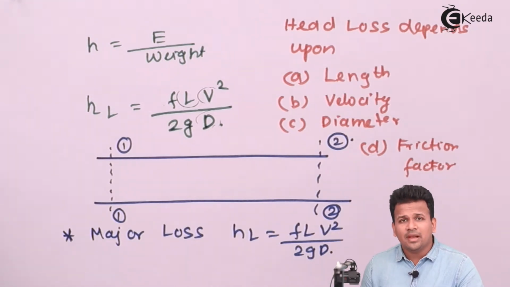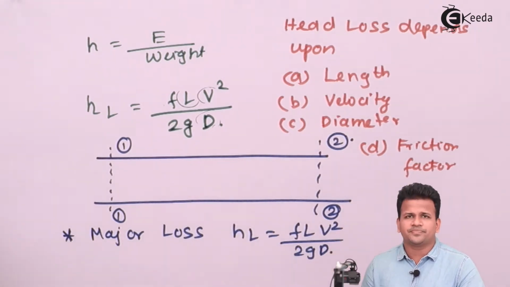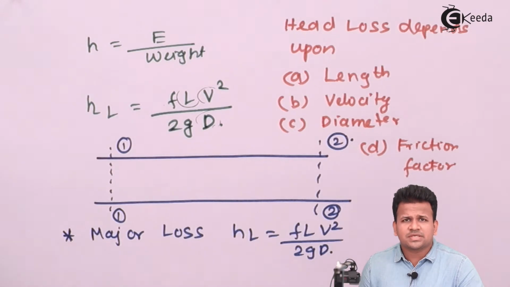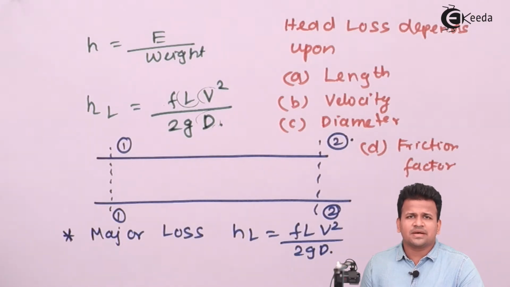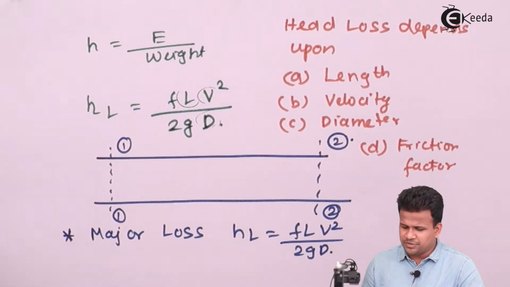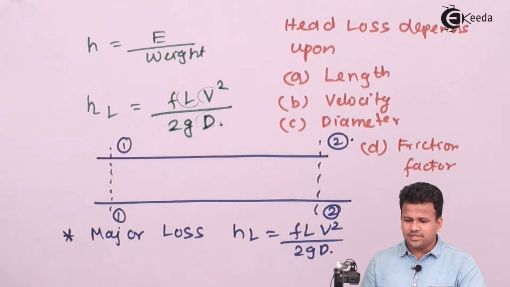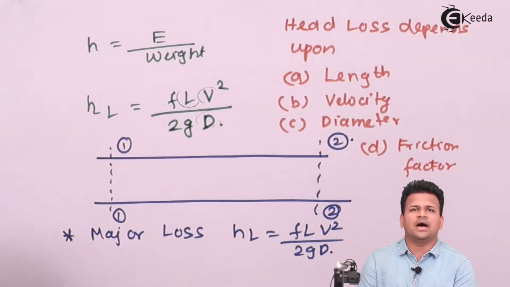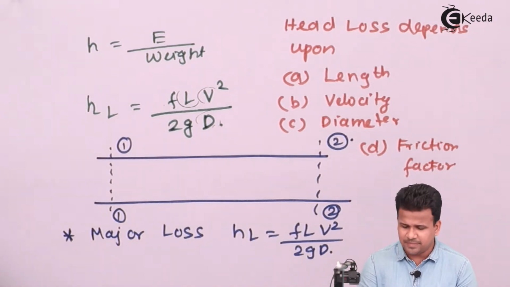But for a very long pipe of length L, major losses are very large. So in consideration, we'll always consider the major losses in the pipe. In engineering applications also, major losses are taken into consideration. Now, we have seen what is major loss. Let us study what are minor losses in the pipe.